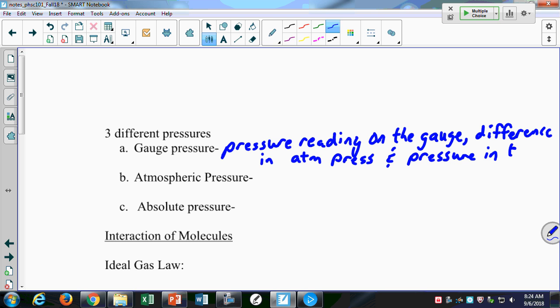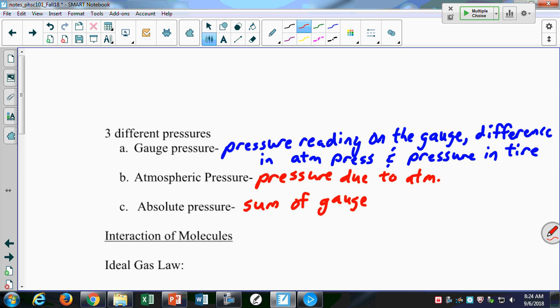For example, if you're doing tire pressure. Atmospheric pressure is the pressure due to the atmosphere. And then the absolute pressure is the sum of your gauge pressure and the atmospheric pressure.